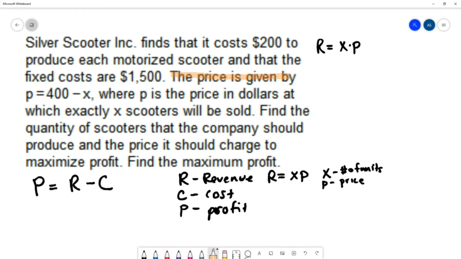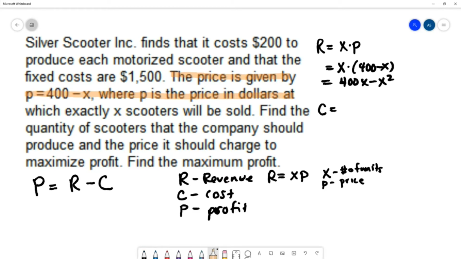The price is given by P equals 400 minus X, where P is the price. So our revenue function is X times 400 minus X. That's 400X minus X squared. That's our revenue function.